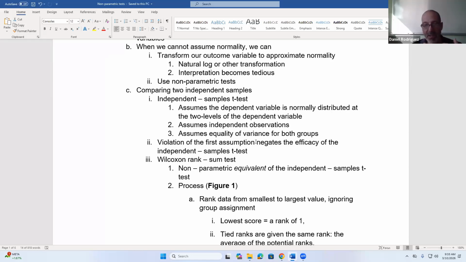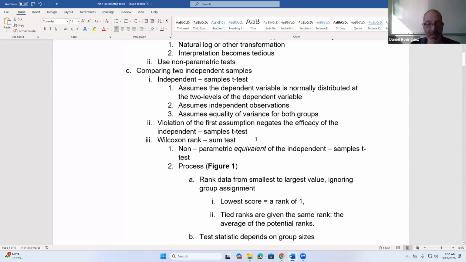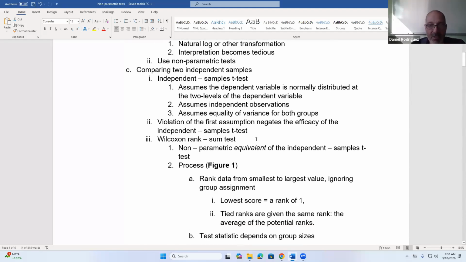So if we're comparing, say, males and females in depression, we'd assume that depression is normally distributed for males and for females. It also assumes independent observations and equality of variance for both groups.